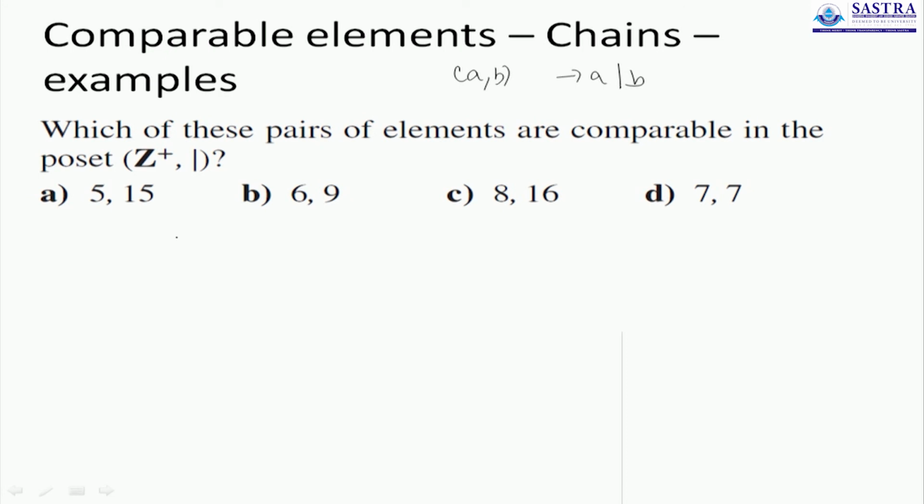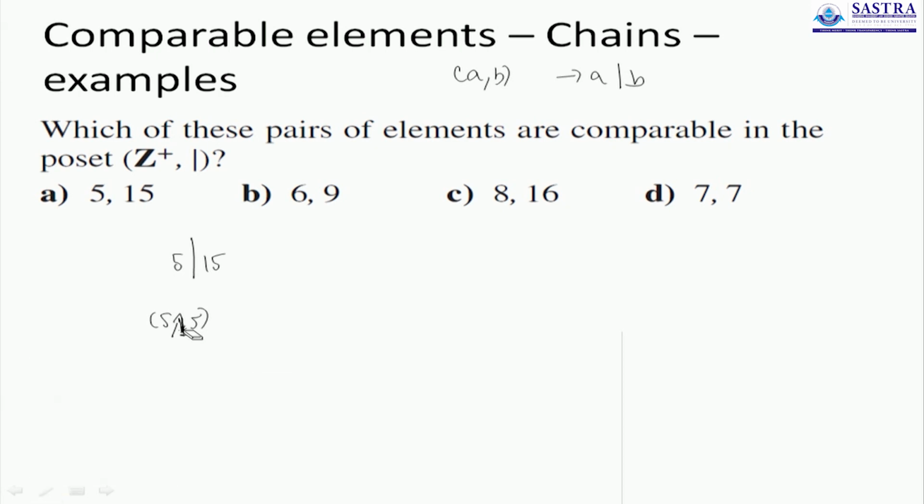You will see that 5 always divides 15 with a quotient of 3 and a remainder of 0. So as long as 5 divides 15, I will have the ordered pair 5 comma 15 available to me. So A comma B together imply the pair AB is present.